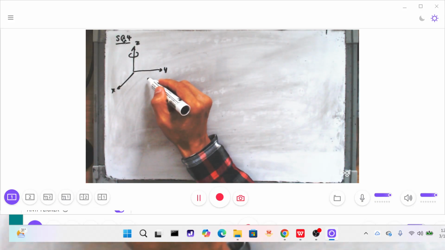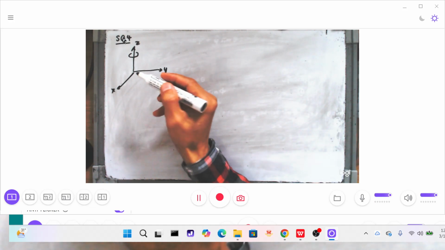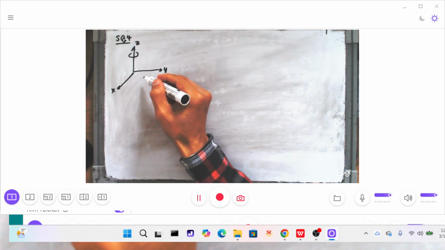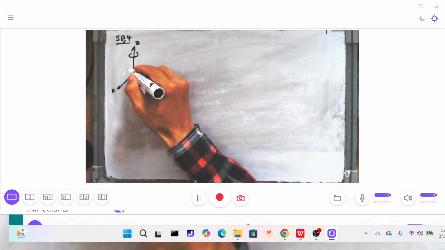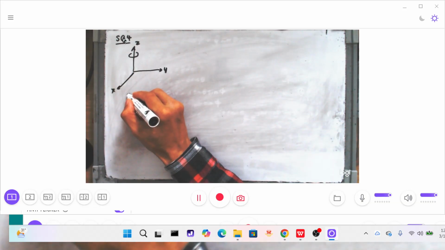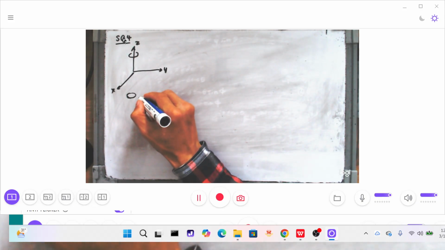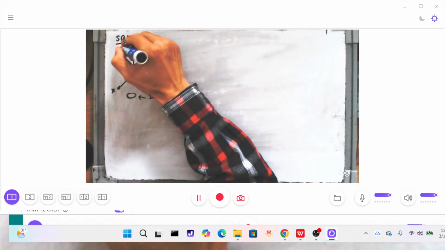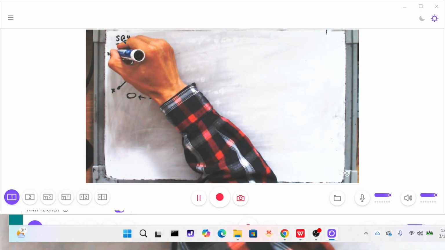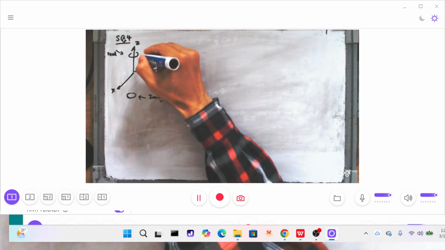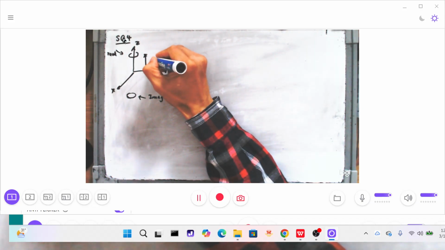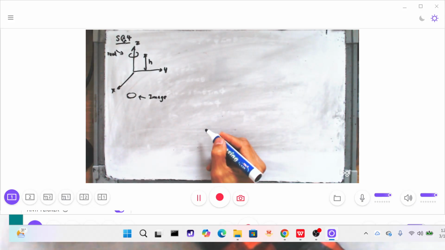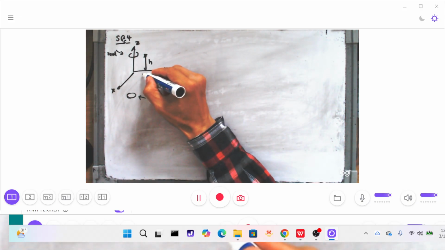Because you have a perfect ground plane on the XY plane, you will form an image here. So this is an image antenna, and this is blue, the physical antenna. The height here is h, so obviously in the image you also get the height h here.